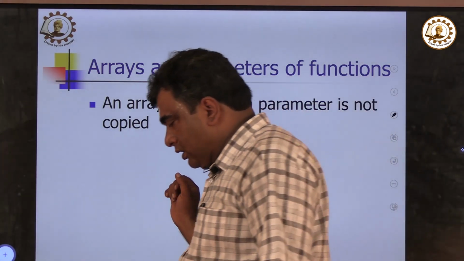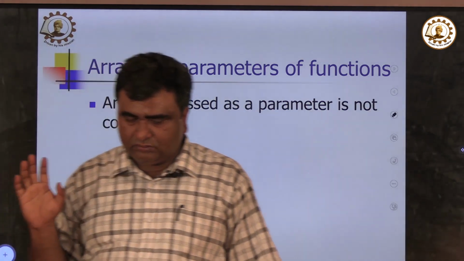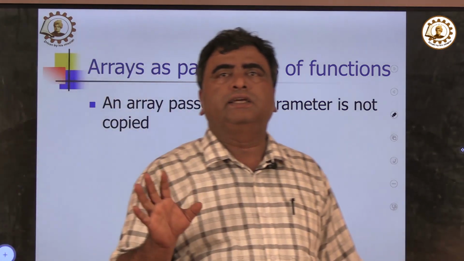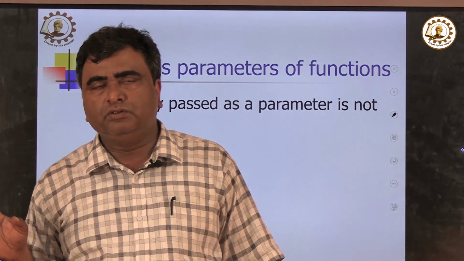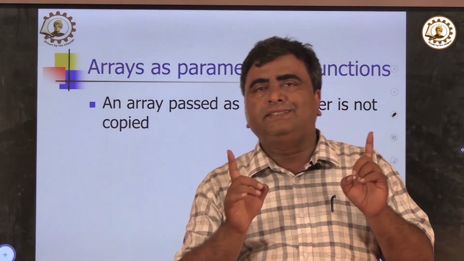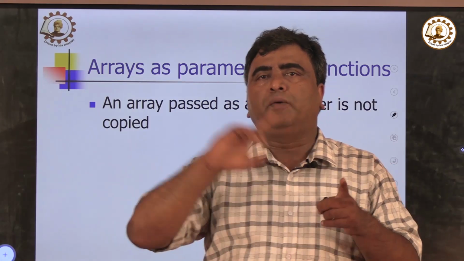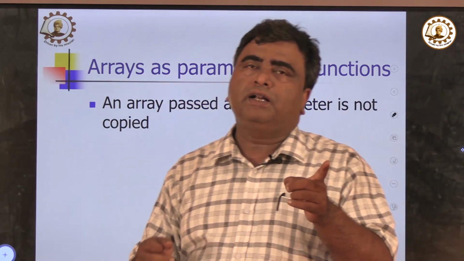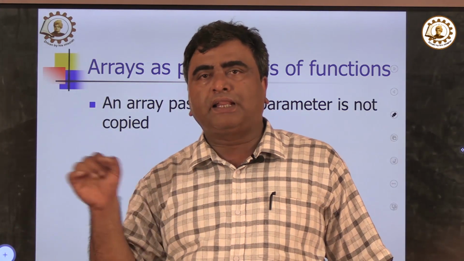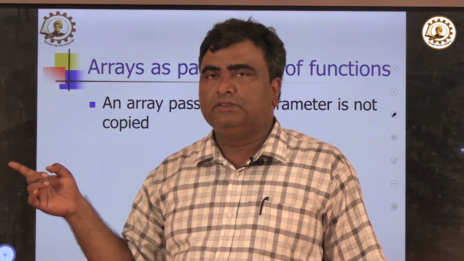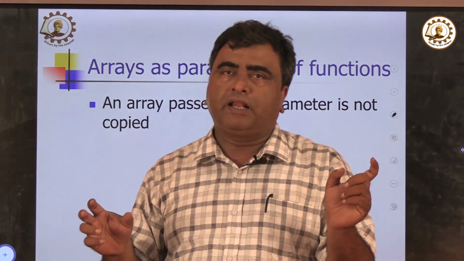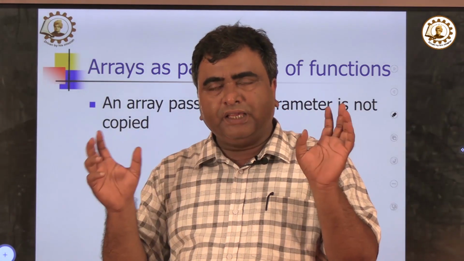In a previous lecture, we had seen that functions can be categorized into two categories: call by value and call by address. Call by value means memory is copied from the calling part to the destination part, that is, the actual parameter values are copied or replicated into the formal parameter.